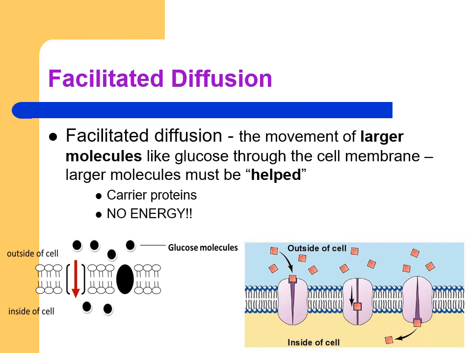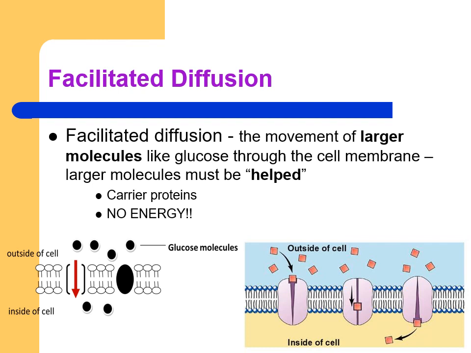Now, facilitated diffusion is a little bit different. Facilitated diffusion is diffusion with a helper. To facilitate something means to help something occur. So this happens when you're moving larger molecules like glucose, C6H12O6, and you got to get through that membrane. So this is one of your proteins that are going to help this occur, and in particular your carrier protein that we talked in class about before.